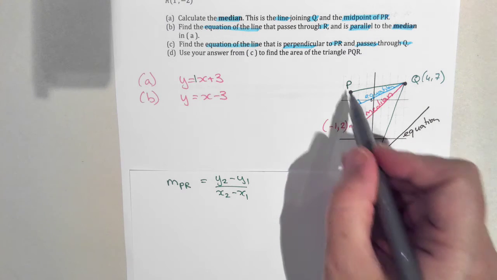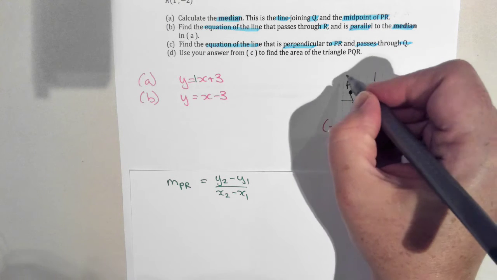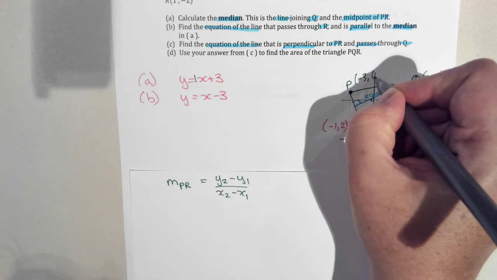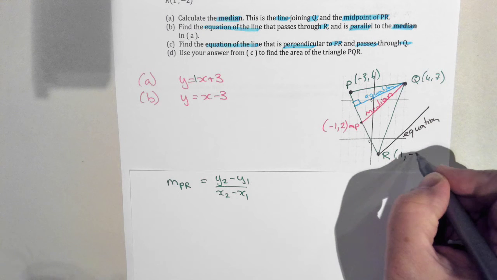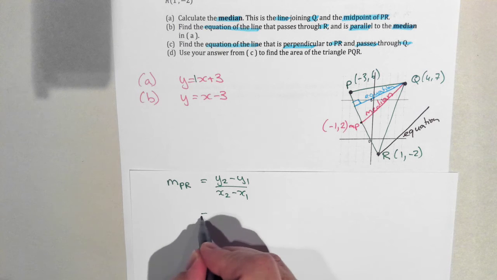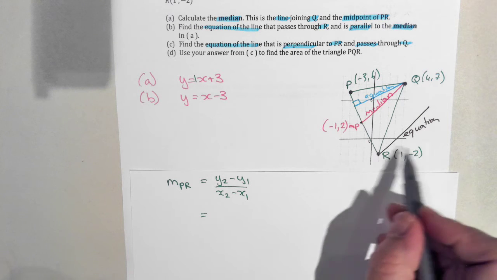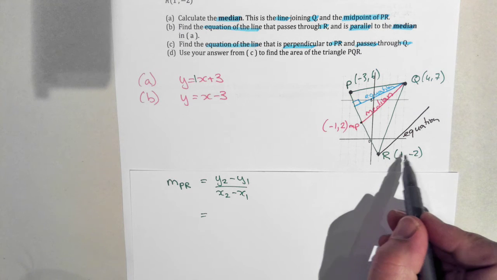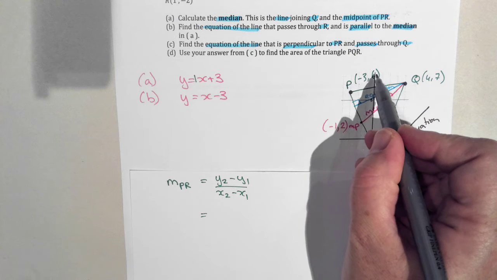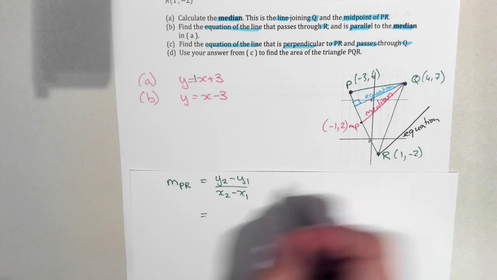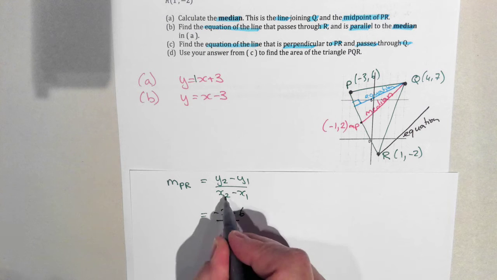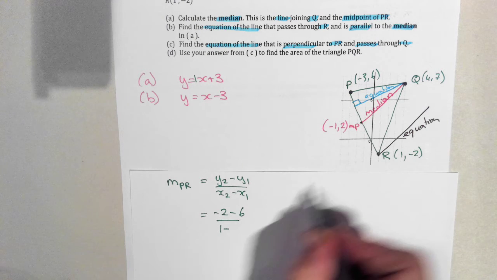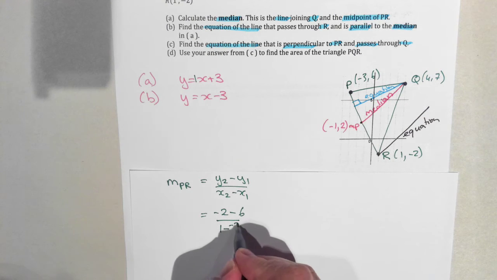So we're finding the gradient of PR. Remember, P has the coordinates negative 3, 6, and R has the coordinates 1, negative 2. I'm going to count R as x2, y2, and P as x1, y1. So y2, negative 2, take away 6, over x2, which is 1, take away negative 3.